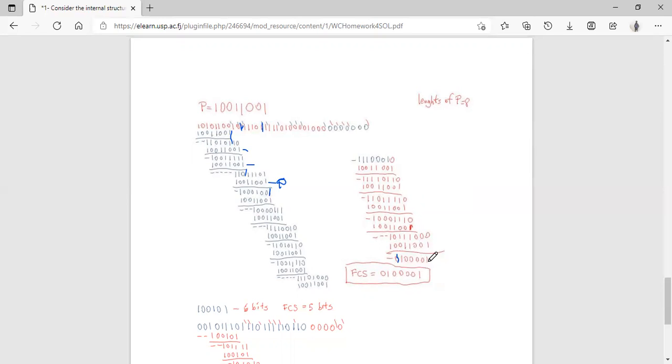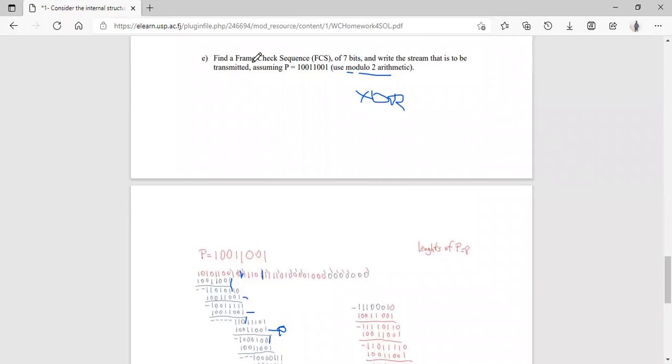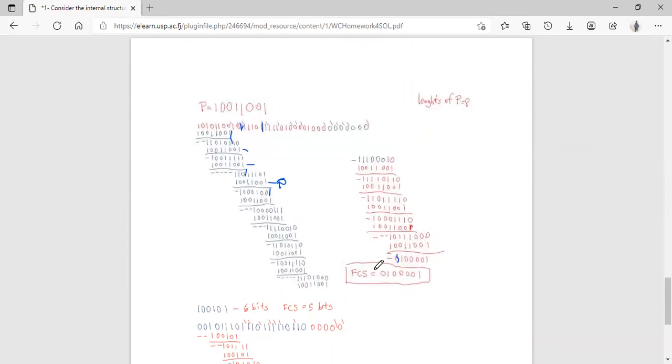So we'd have been left with 6, but we need to make, remember, our FCS, or frame check sequence, has to be of 7 bits or 1 bit less than the polynomial. So we add a 0 in order to make this 6 bits of size 7, right? We add an extra 0 in front of this particular remainder that we have in order to make the frame check sequence of size 7, or of 7 bits long, right?